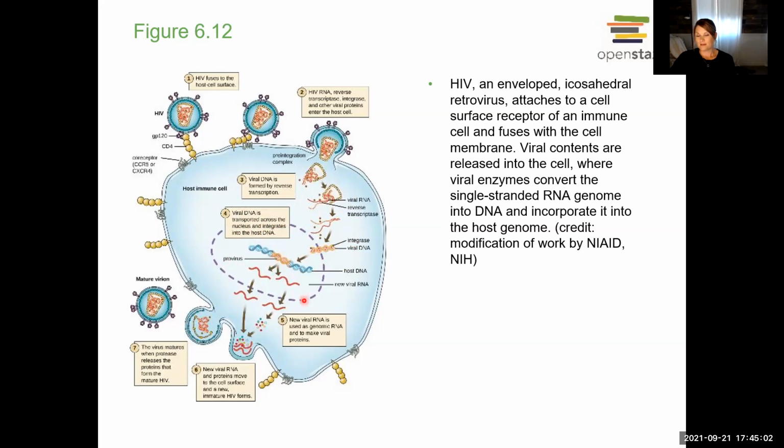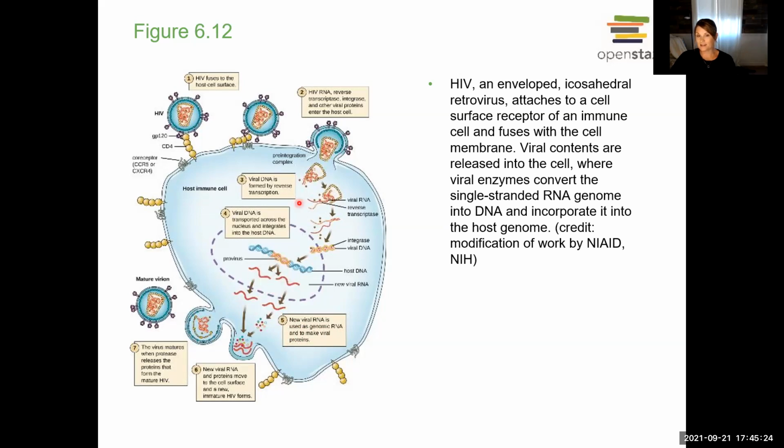Okay. Then, just like any gene in the host genome, the DNA from the HIV virus will get transcribed into new viral RNA, right? So here's the DNA. It's going to use the host machinery to get transcribed into new viral RNA.